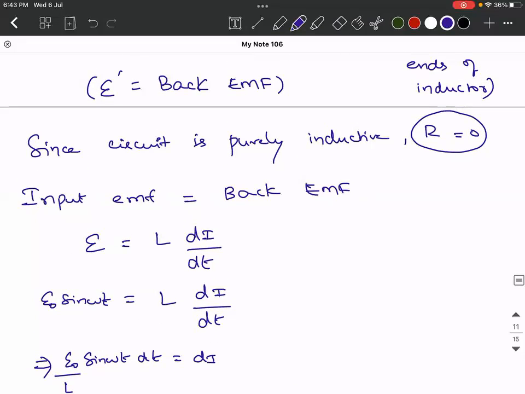But that option I don't have. E naught by omega L it is.